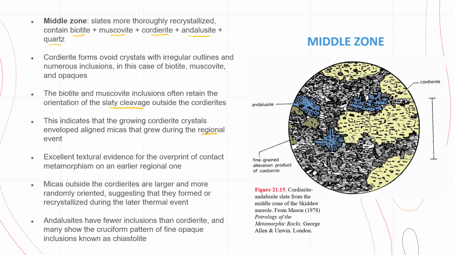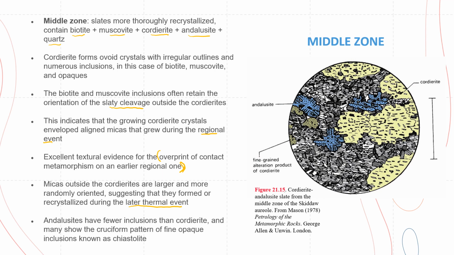So if you remember, we talked about how this particular event has overprinted a much earlier regional event, and this is excellent textural evidence for the overprint of contact metamorphism on an earlier regional one. So the micas outside the cordierites are larger and more randomly oriented, suggesting that they formed or recrystallized during the later thermal event.